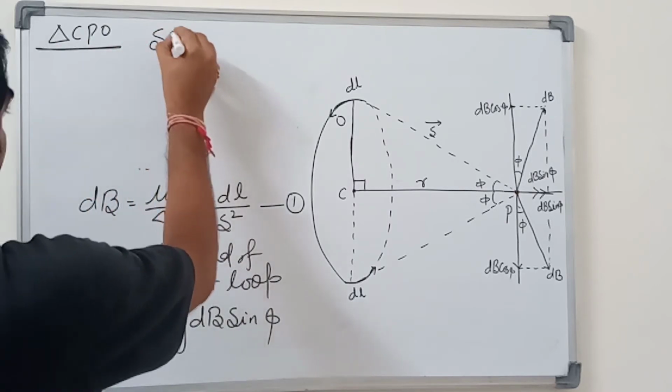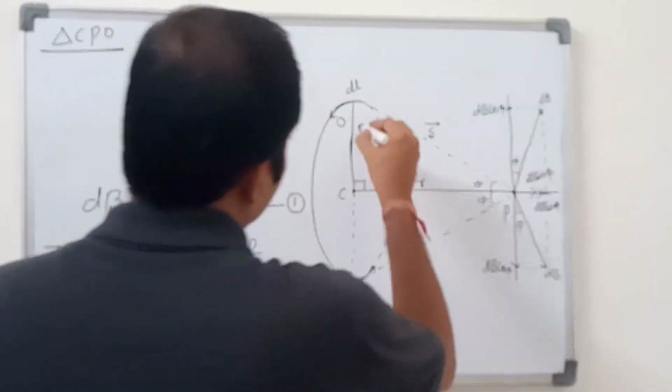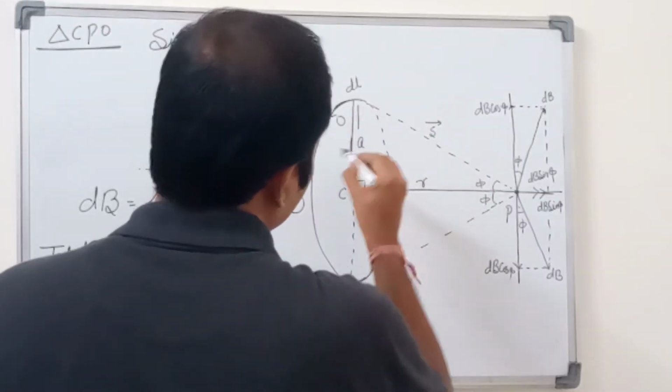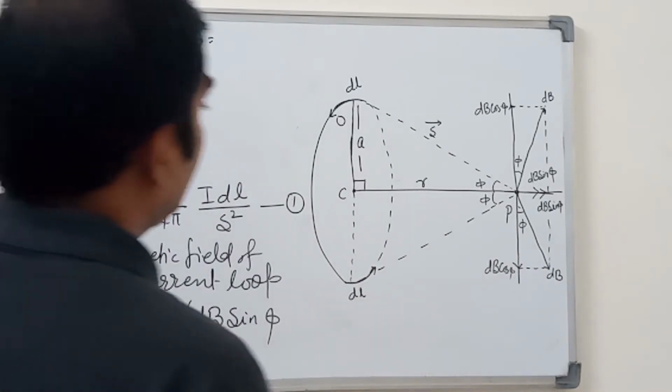So sin phi is equal to, here the radius is a, the distance is r and the position vector is s.